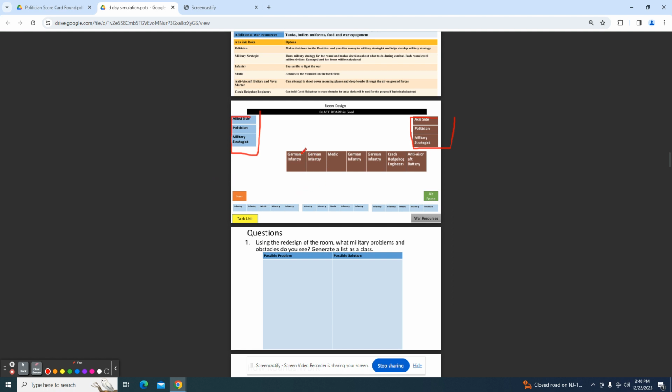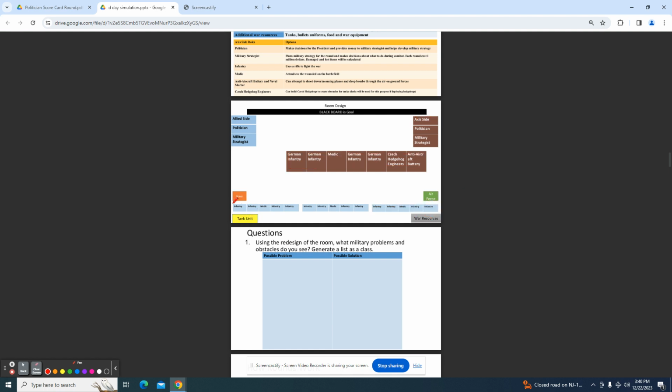But for the most part, we want to see German soldiers here, and then we want to see Allied forces on this side of the room, with the goal of having Allied forces reach the blackboard. Depending on class size, you probably will not have all of these particular units, but at a minimum, you want to have Navy, tank, Air Force, and war resources.